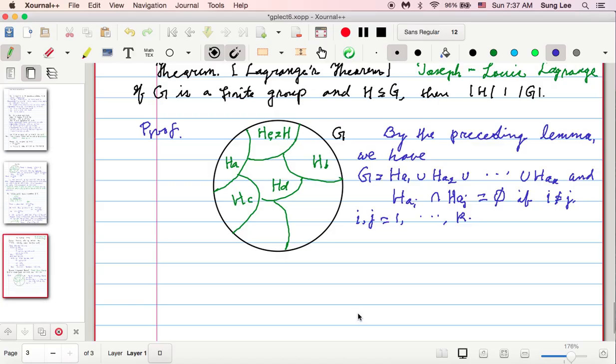Yeah, I was actually a little ahead of myself, but we're going to get to that again. Due to the cancellation law, we have a cancellation law that holds for groups.